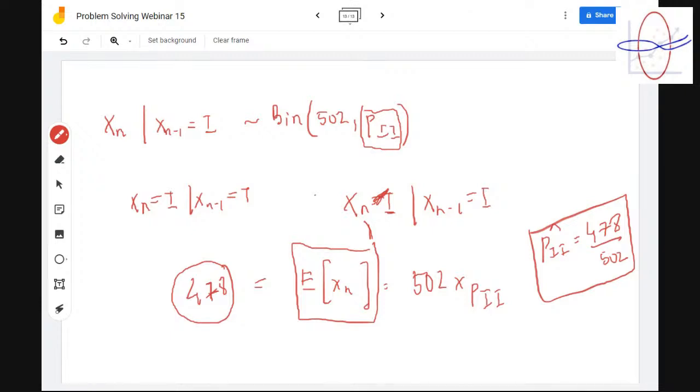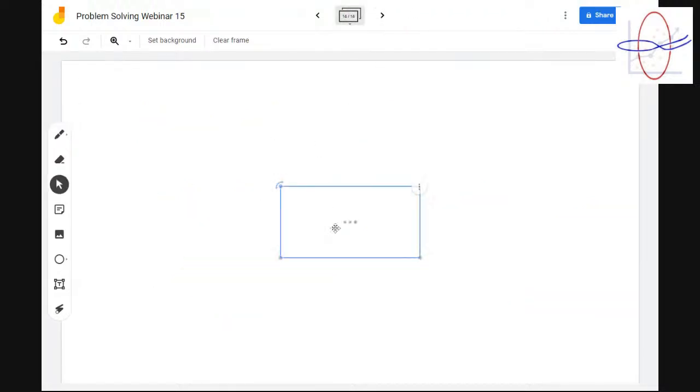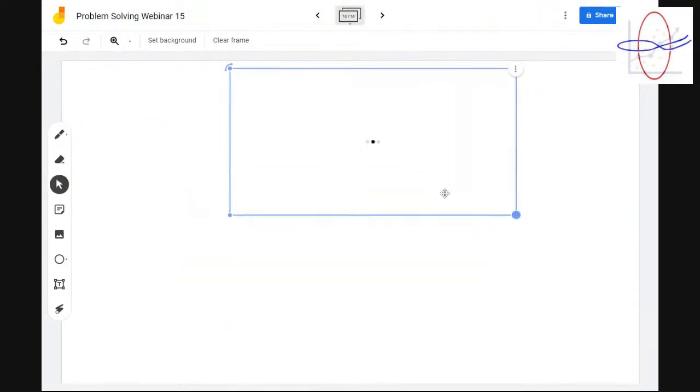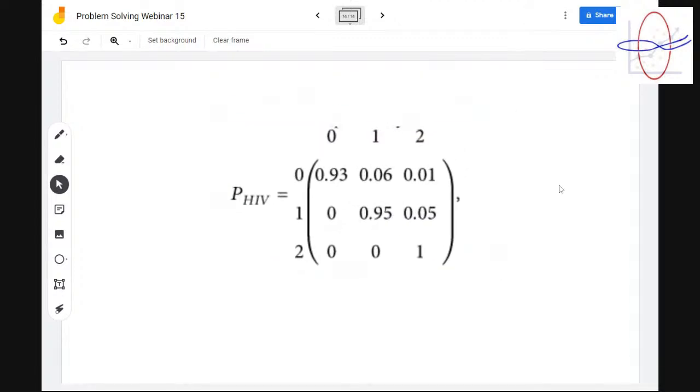By calculating all these cases, they have published this transition matrix. This is the matrix, with susceptible, infected, recovered along the rows and columns, and these are the probabilities found.